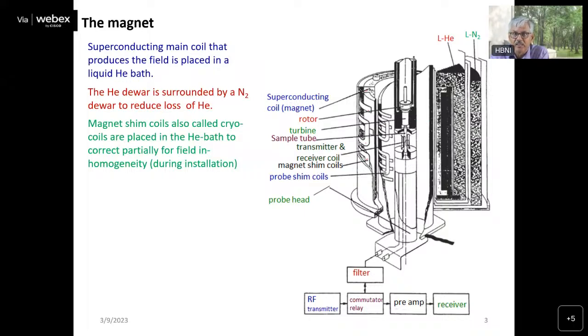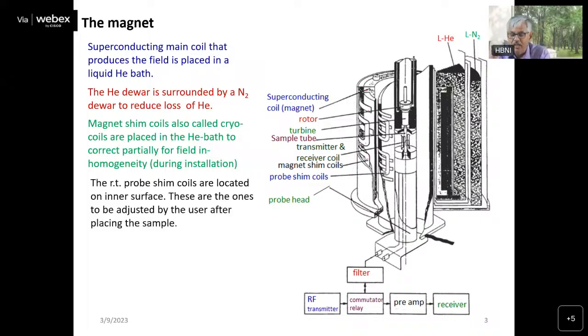If there is any inhomogeneity, it is taken care of by these cryo coils, and these cryo coils are sealed during the installation. So this is not done during regular operation. Once the magnet is installed, only the engineers fix all these things, so it is not regularly used during operation.